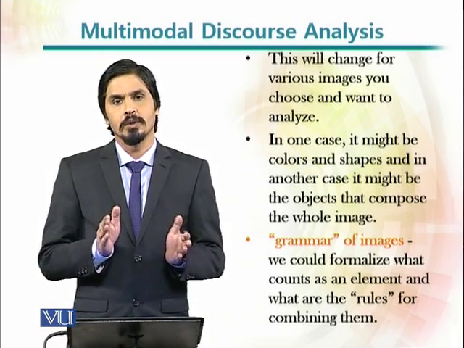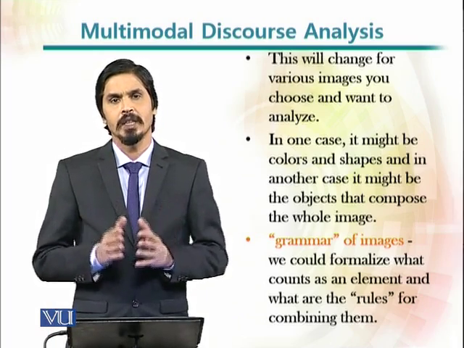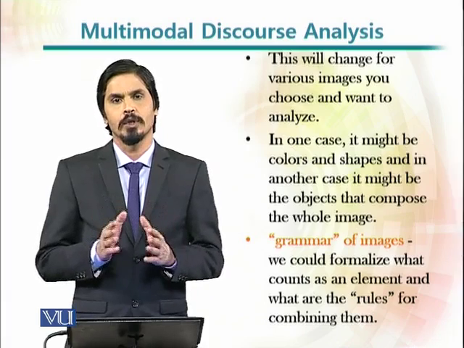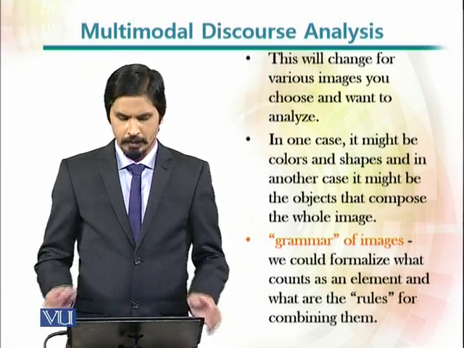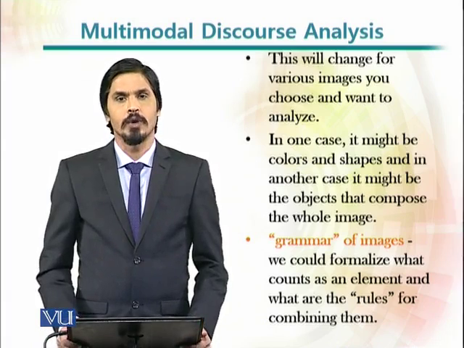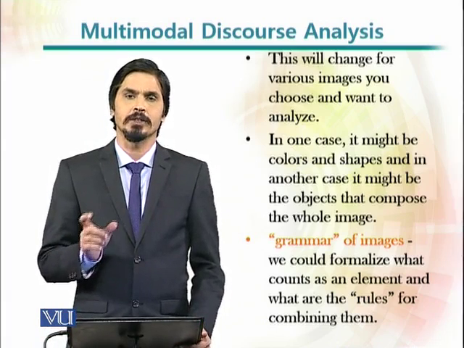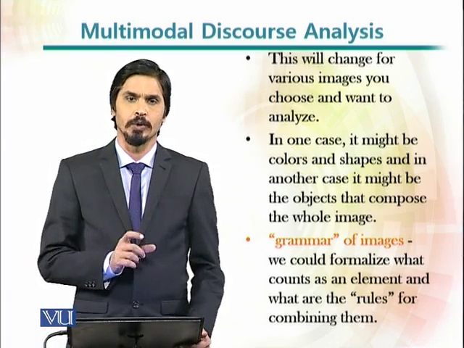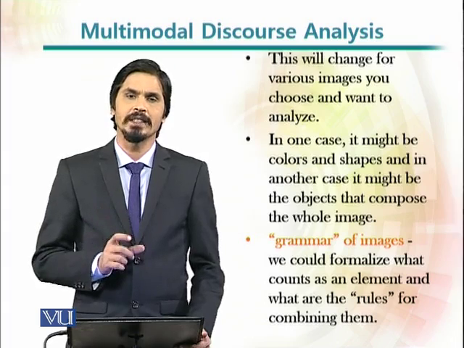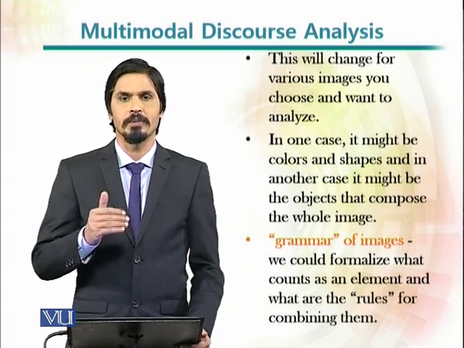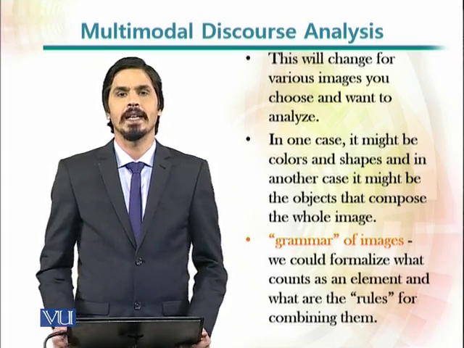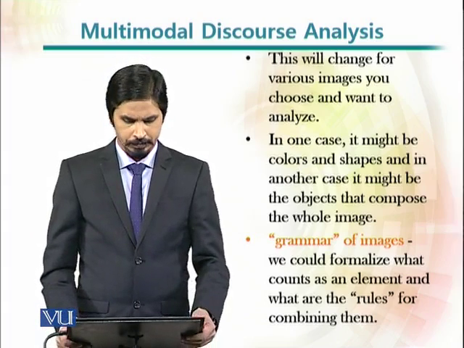By looking into the composition or the making of various images, we could also identify a grammar of images, and we could formalize the ways various parts of an image are usually composed, and by formalizing such knowledge, we could also make room for analyzing them in future.